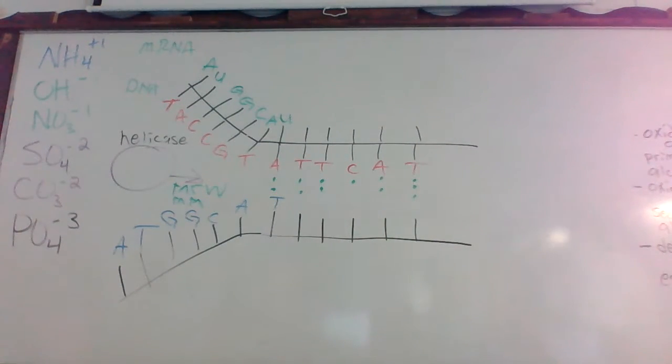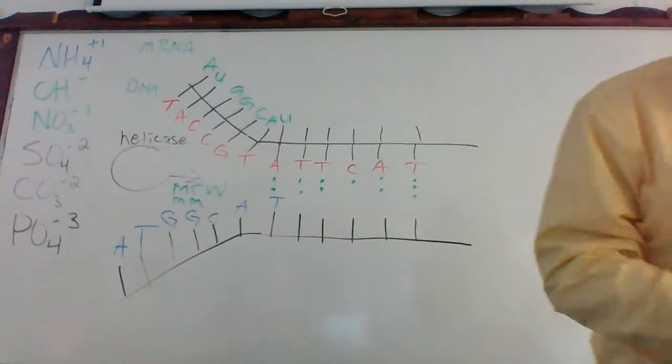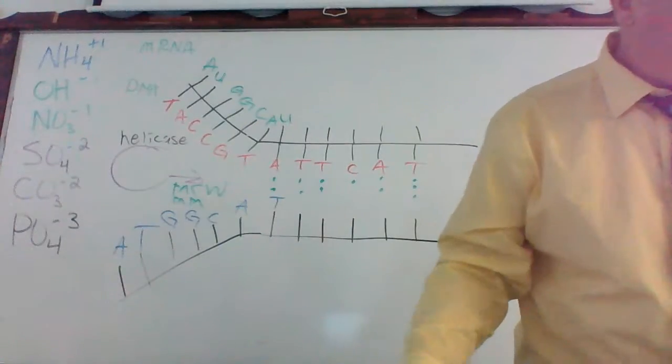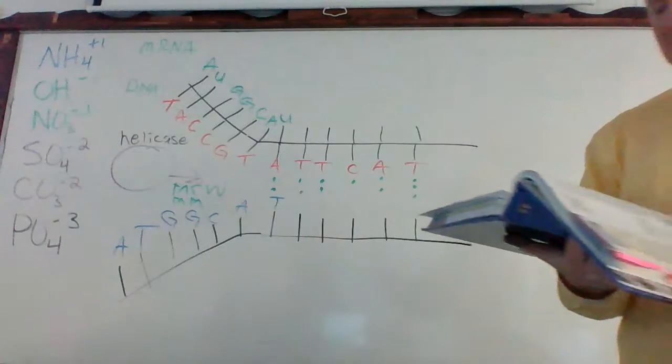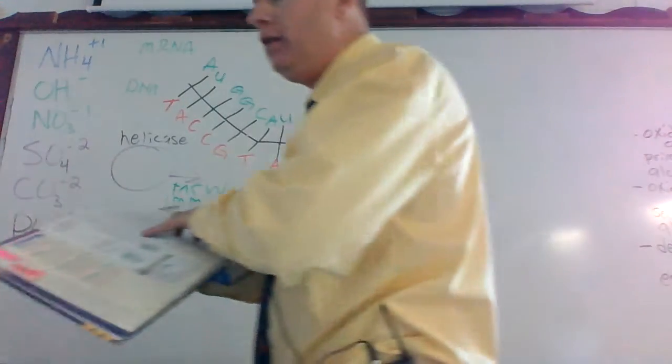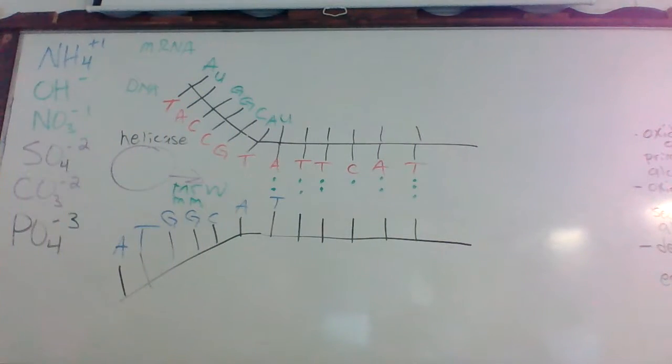Okay, and two differences between that of DNA and RNA. What would they be? RNA is single-stranded, and what else? Uracil instead of thymine. So when you're looking at that table in your book on 207, all of these different three-letter base pairings that you see are coding for the amino acids that make proteins.